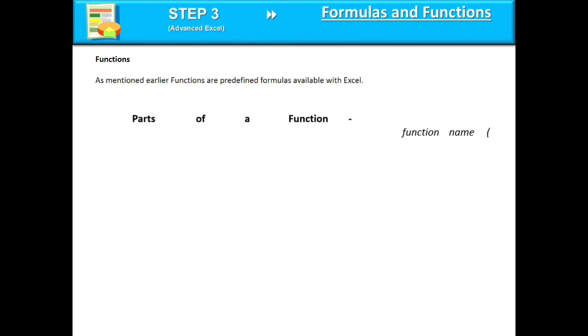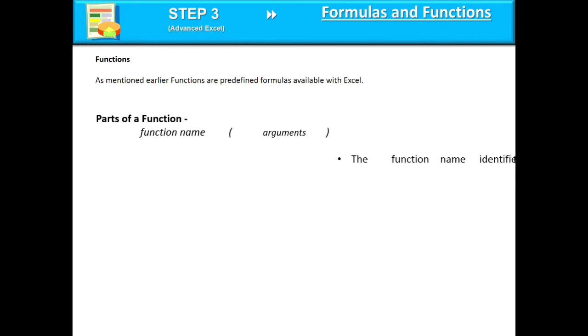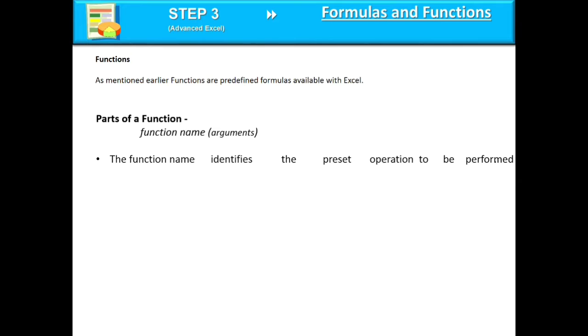Now from formulas to functions. As mentioned earlier, functions are predefined formulas available with Excel. Let's understand the function and its parts. The parts of a function are the function name and the brackets with its arguments. The function name identifies the preset operations to be performed.